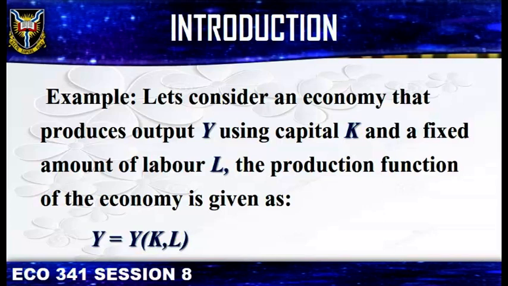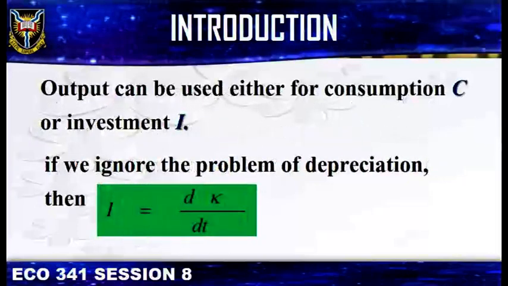Example: let's consider an economy that produces output y using capital K and a fixed amount of labor L. The production function of the economy is given as y equals y(K, L). Output can be used either for consumption C or investment I. If we ignore the problem of depreciation, then I is equal to dK over dt.